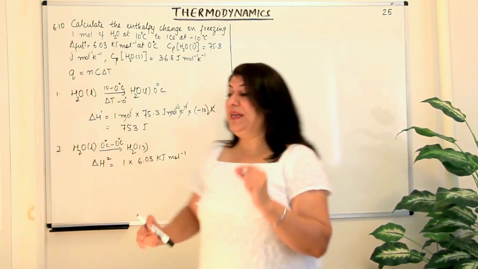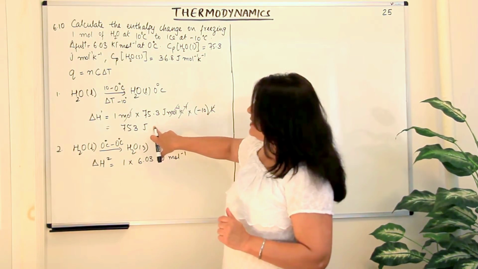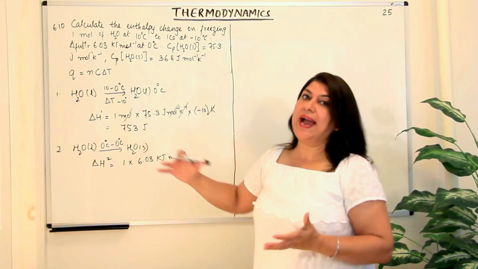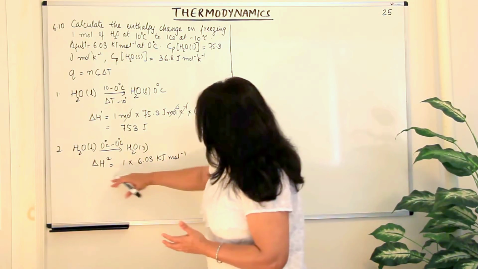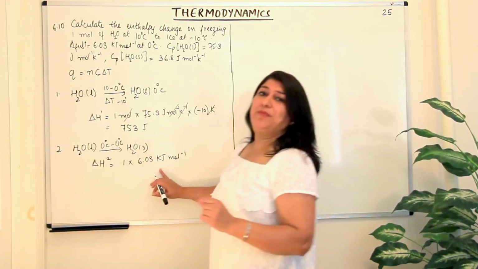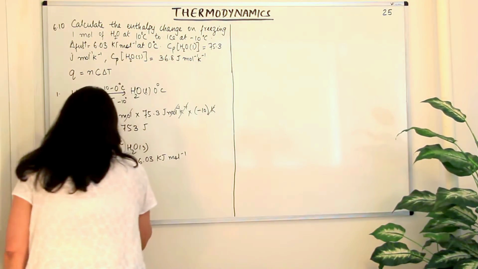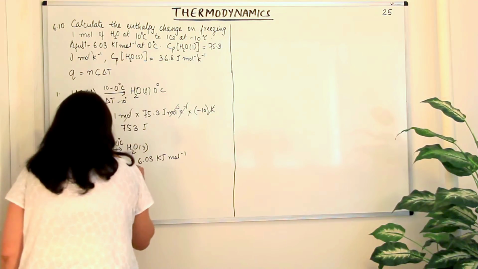Now we have been given this value in kilojoules, but we calculated the value of delta H1 in joules. If we have to add them, we should always have the same units. So what are we going to do? In this step, we are going to convert it into joules. If you multiply it by 1000, you'll get the answer in joules. You'll convert kilojoules into joules.